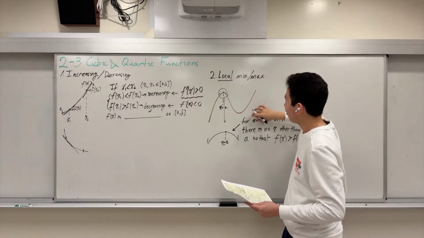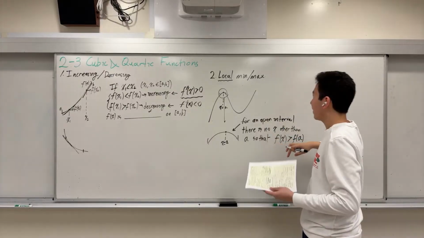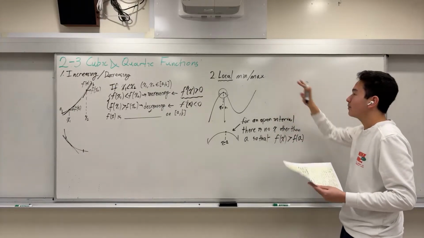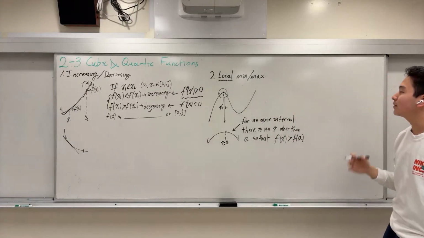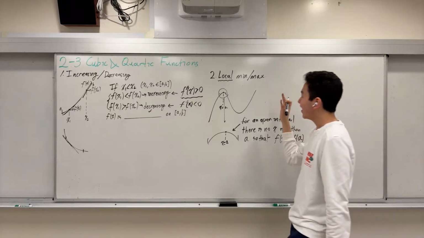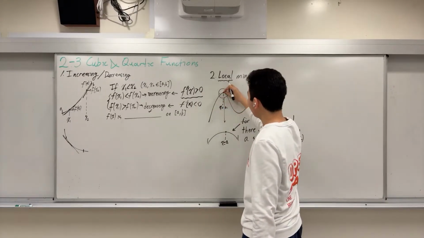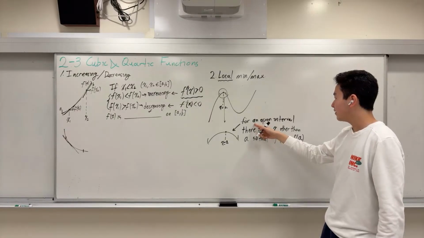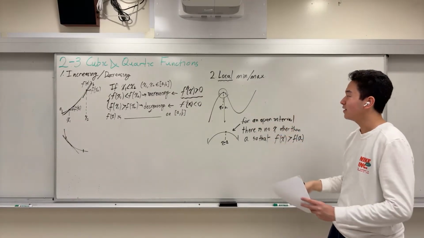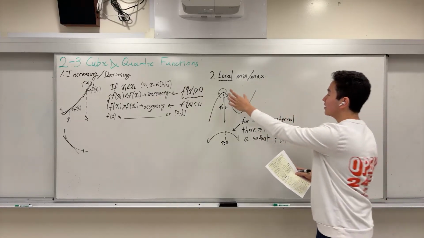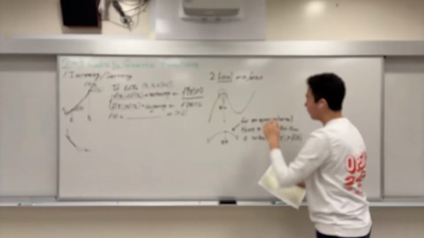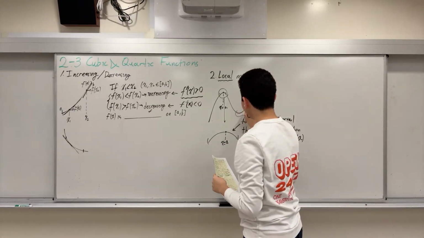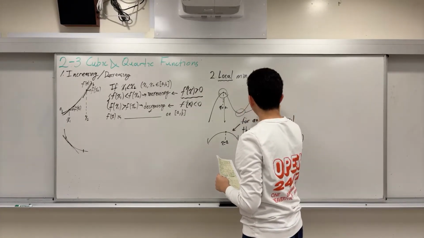So if we choose a very large interval, then there might be some higher values up to the right. But the whole point of local minimum and maximum would be to get that interval small enough so only this part is isolated. So for one interval, basically it's enough. But you can see that visually. So the very top of a curve or the very bottom of a curve, right here we see a local minimum.